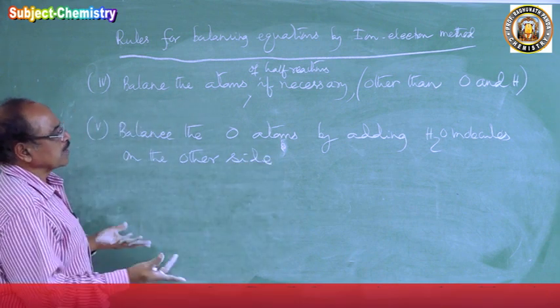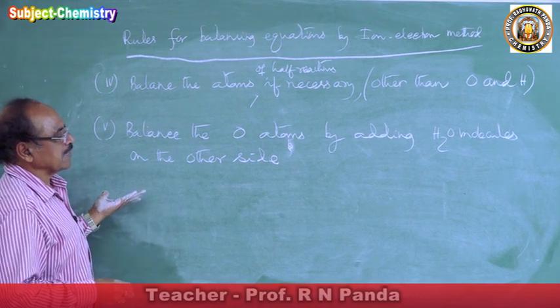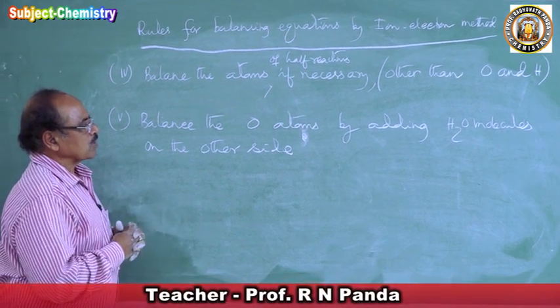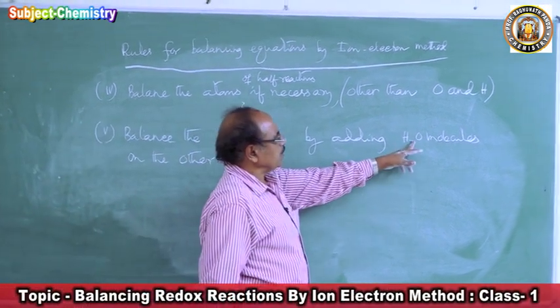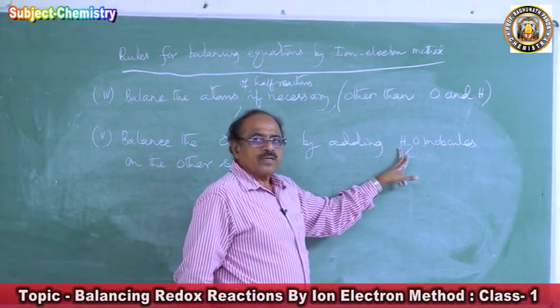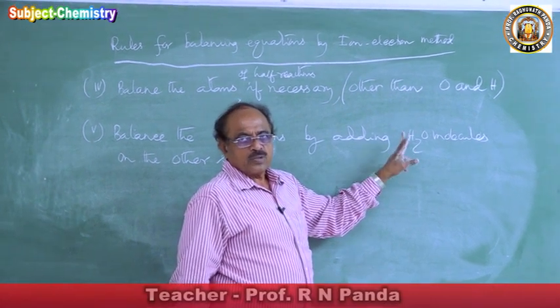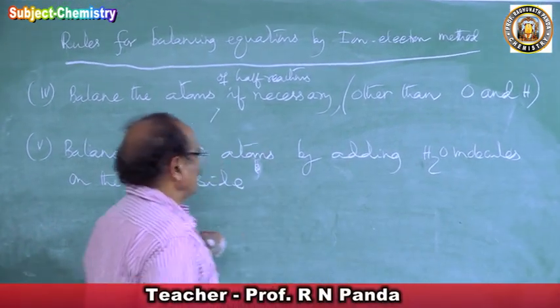If on one side oxygen is more and on the other side oxygen is less, then add a water molecule on the other side to balance. So we have balanced the oxygen by adding water molecules, but what have we done? We have increased the hydrogen. So we have to balance the hydrogen.